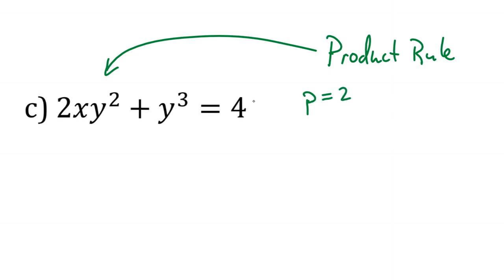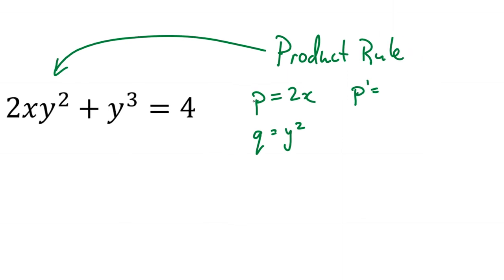So P is going to be 2x and Q is going to be y squared. So P prime is 2. Q prime is, good, 2y dy by dx.